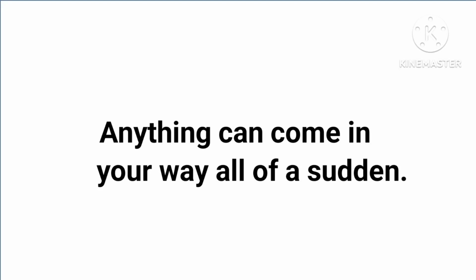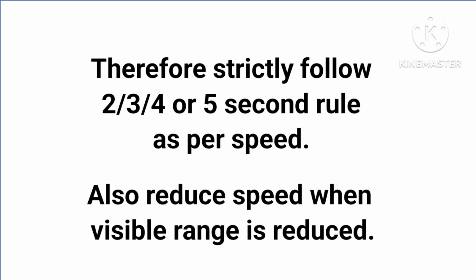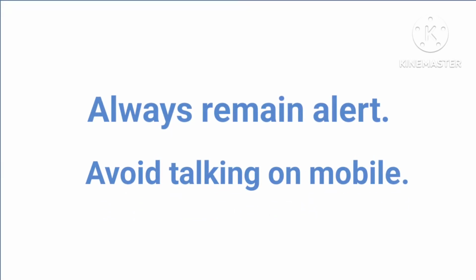You should always bear in mind that anything can come in your way all of a sudden. To safeguard against all such incidents, you should strictly follow the 2, 3, 4, or 5-second rule depending upon speed. Also, when visible range is reduced, speed should be reduced accordingly. Always remain alert. Avoid talking on mobile.